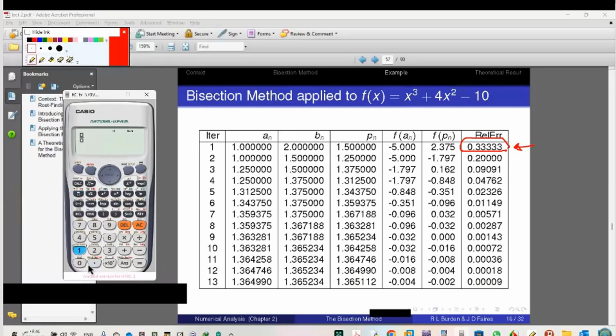Make a fraction: 1.5 minus 1 over 1.5, equal. This is the answer. Usually for relative error, it's in U. I will write here for you. Error here is in U minus old over in U.